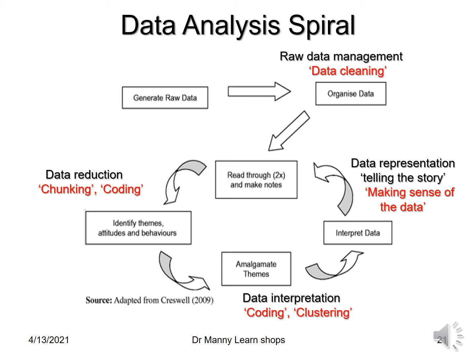As a consequence, you're reducing the data by putting the raw data into codes and developing themes. And you're constantly interpreting the data, making sense of the data, telling the story about your research. As we said, it's circular, it's constant, it's ongoing, it's not linear.